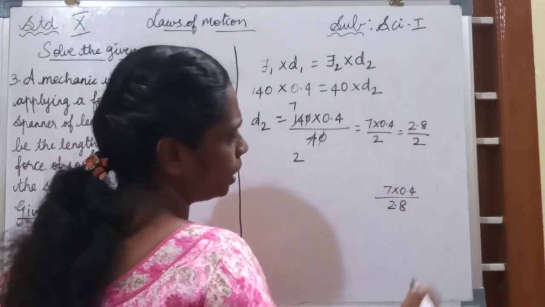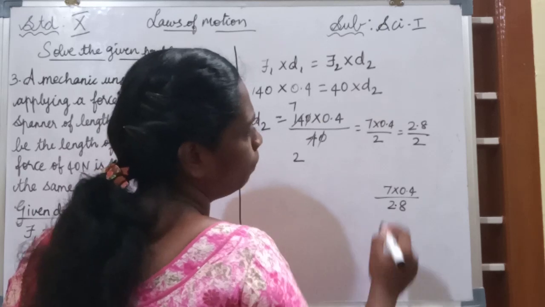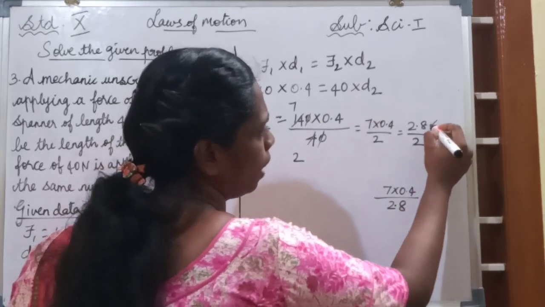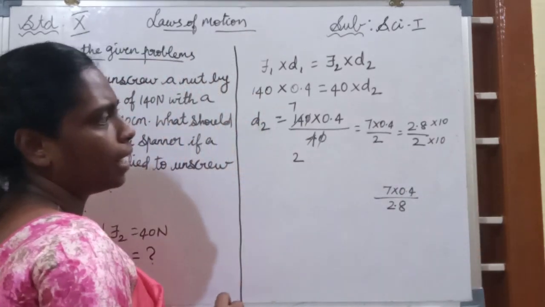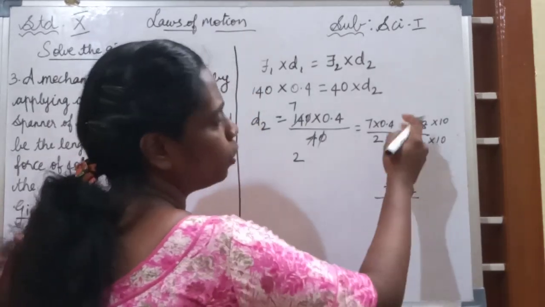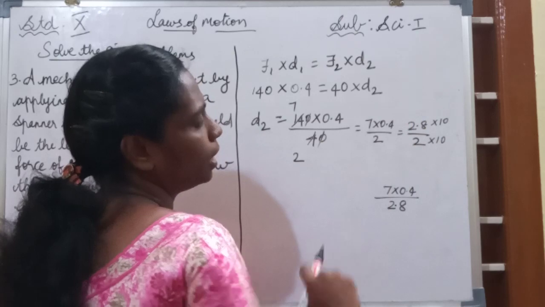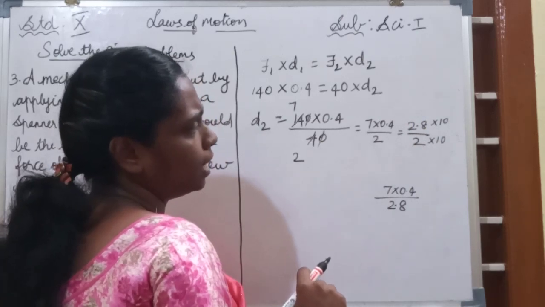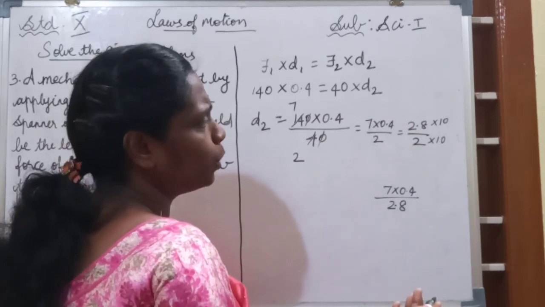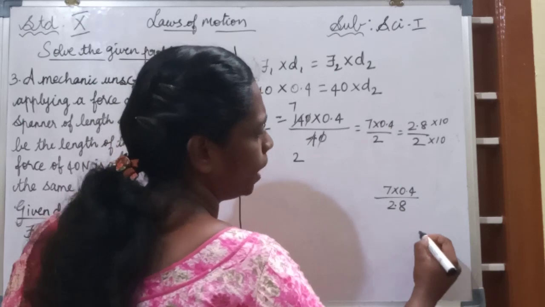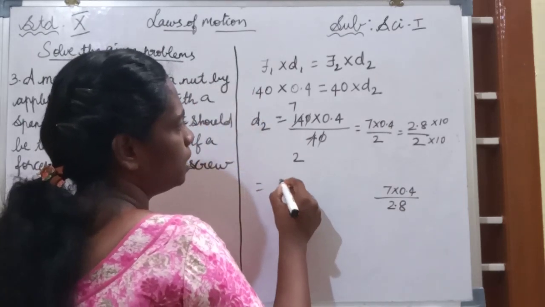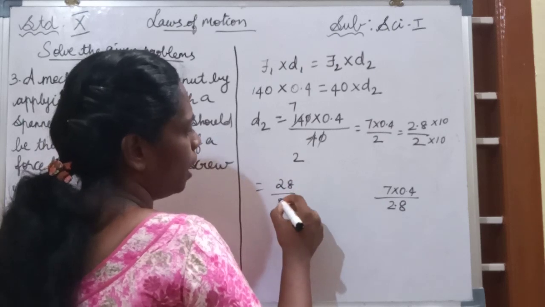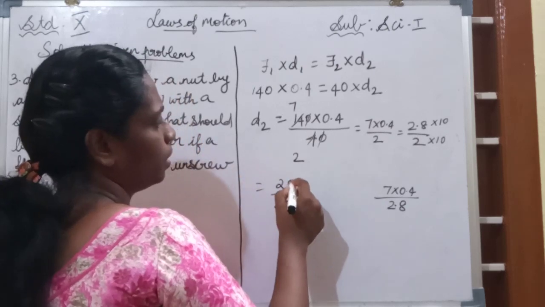Now we are going to do the division over here. Before doing the division, what do we have to do? Multiply and divide it by 10, am I correct? So that we do not have to deal with the decimal. I am doing this multiplication and division so that we can easily do the calculation. So 28 divided by 20.